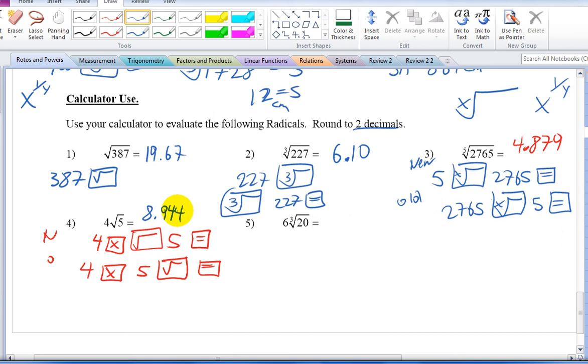Okay. For the last one, it's going to be 6 times 3, x root button, 20, equals. That's for the new calculators.